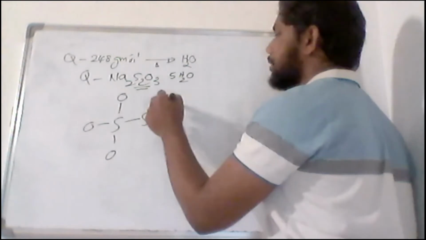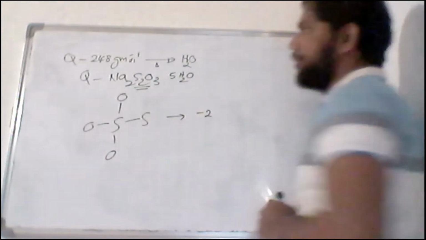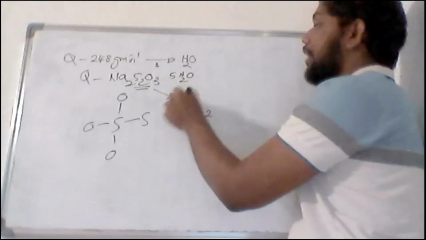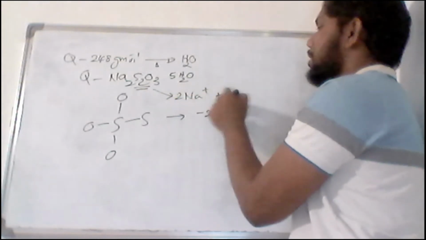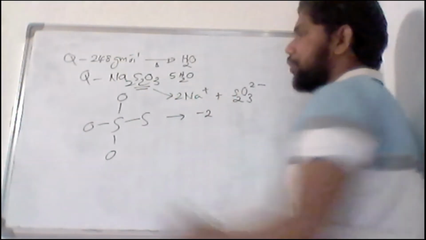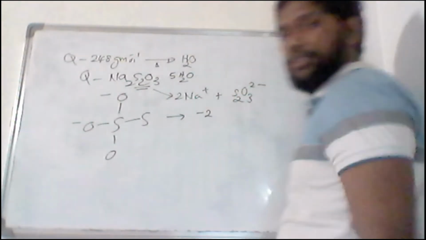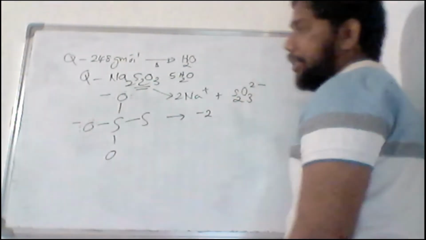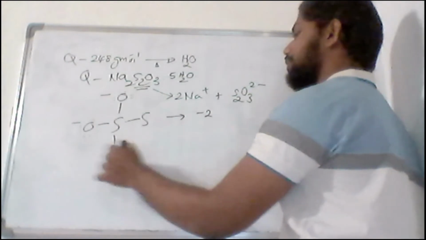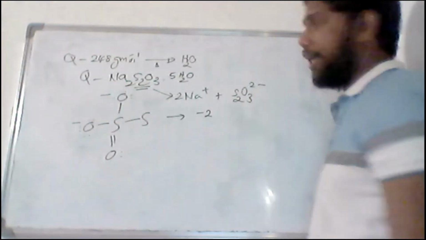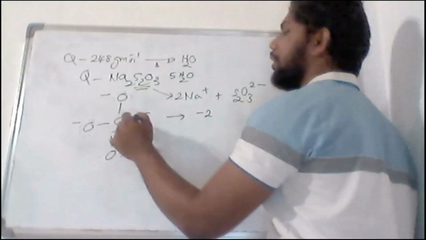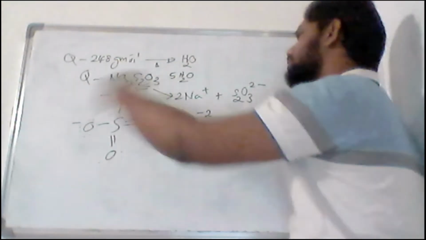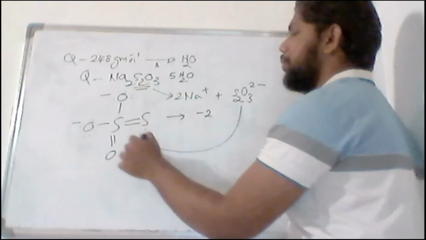Since this has a -2 charge, because the formula has 2Na plus and S2O3 2 minus, surely there should be two negatively charged oxygen. So put the lone pairs, and to complete the octet of this oxygen, it should form a double bond, as well as to complete the octet of sulfur, it should also form a double bond. So this is the typical structure of S2O3 2 minus.